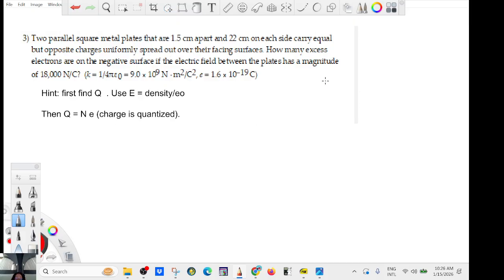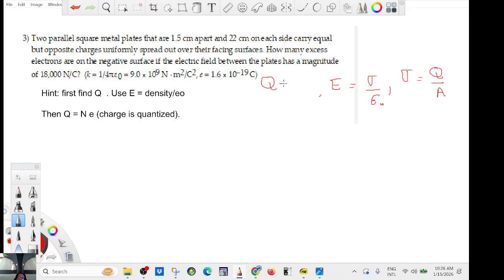Okay, so what are these equations that we have? We know that the electric field is sigma over epsilon zero. What else do we have? We know that sigma is the surface charge density, so it's Q over A. Okay, what else do we have? We know that the charge is quantized. So any charge is because you have that many electrons missing or gained.